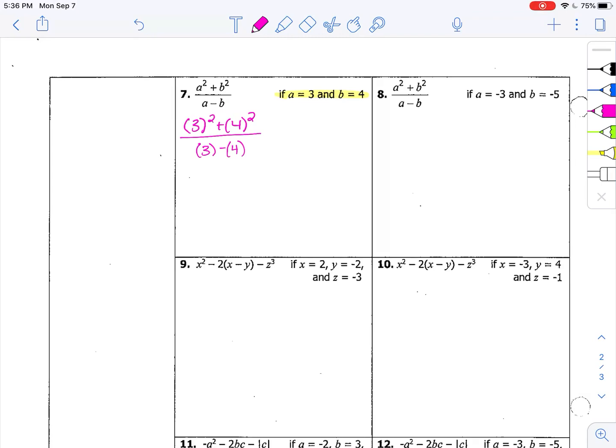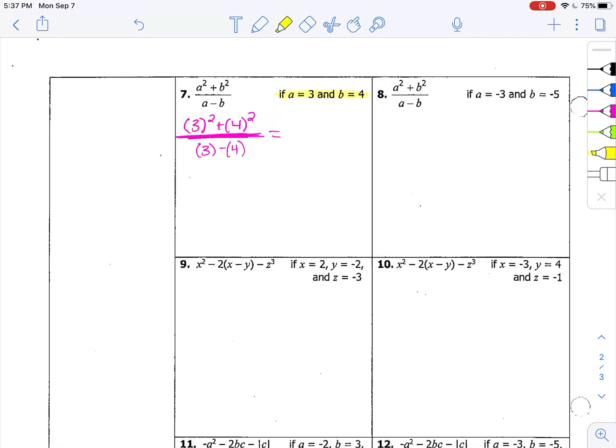When we solve problems or evaluate expressions that have a numerator and denominator, you want to start by evaluating the expression in the numerator all the way down, and then evaluate the denominator all the way down, and do the division. So remember, this fraction bar means to divide. That's going to be your very last step.